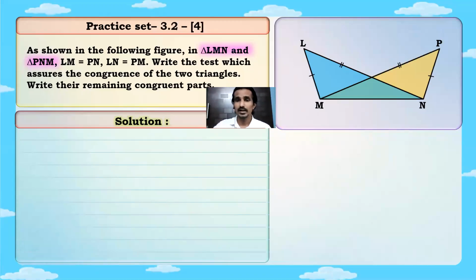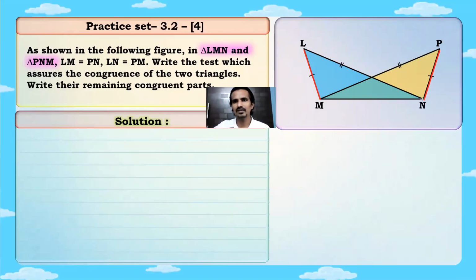All right, so let's see this. There are two triangles, LMN and PMN. Now observe the figures and see the equal parts. As you can see the single dash on the two lines. I'll just highlight it for you. Look at this LM. This side LM is going to be equal to PN. Then there is another pair that we can have. The another pair is LN.